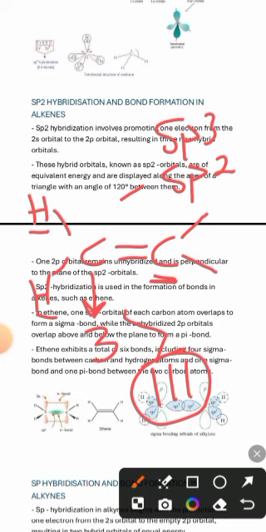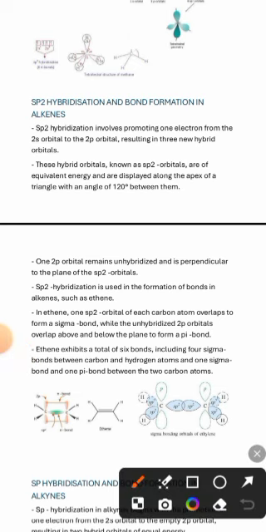Now since we know that carbon is forming bonds with 3 atoms, let us draw the hybridization. Now we see the carbon. It has an sp2 orbital here, sp2 orbital here, sp2 orbital here. This is for the ethene molecule.